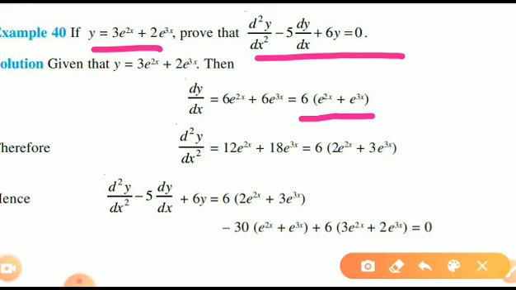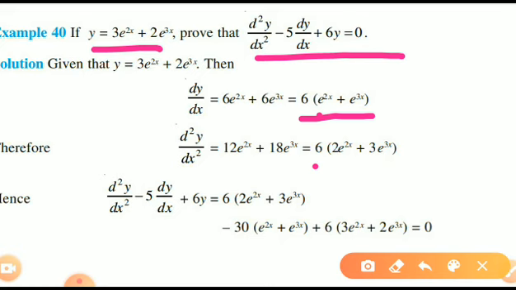So d2y by dx square, I'll be getting it as the derivative of this. It is 6 into e raised to 2x, and the derivative of e raised to x is e raised to x itself. So e raised to 2x into the derivative of 2x, which is 2. And e raised to 3x, the derivative will be e raised to 3x into the derivative of 3x, which is 3.